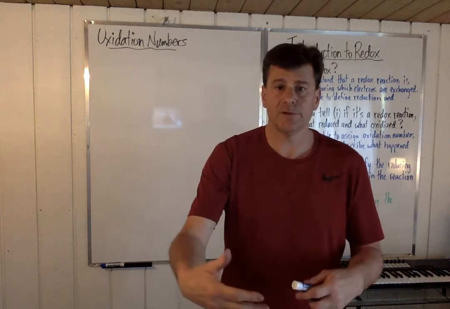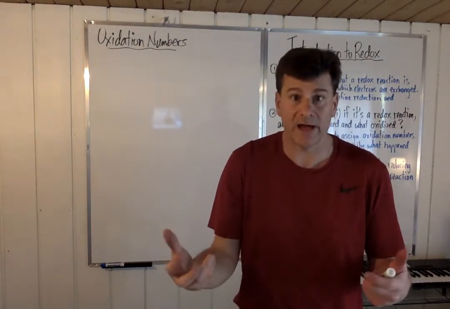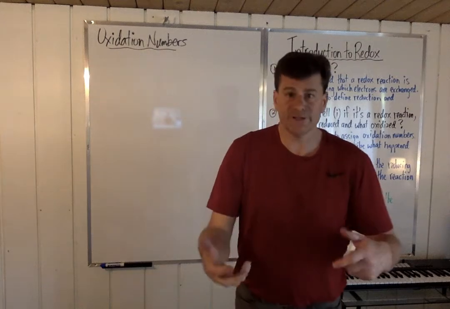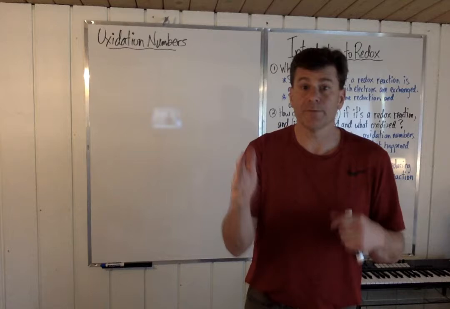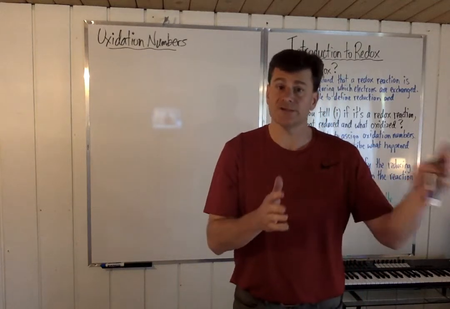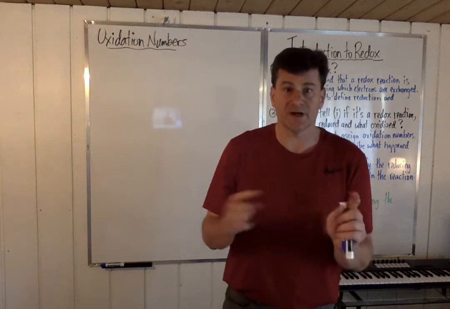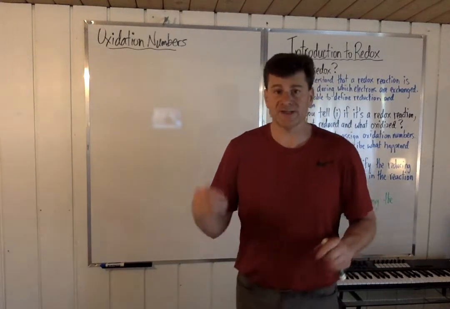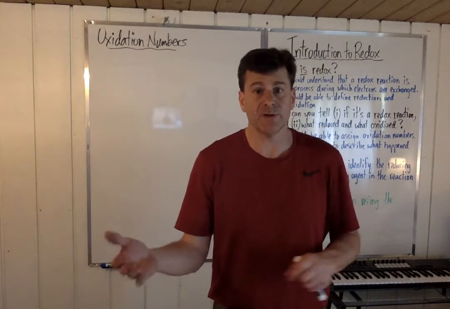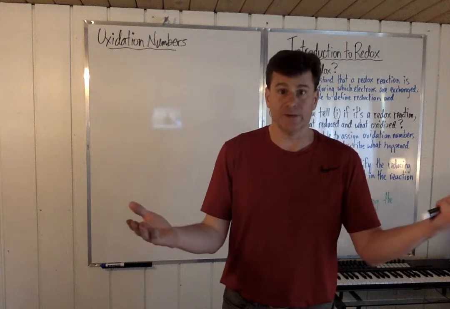One, you're going to be able to look at a compound or individual atoms, and you're going to be able to say, okay, this was its oxidation number before the reaction occurred. Here's its oxidation number after the reaction occurred. This is what happened to its oxidation number. This is what it did. And so if it started before the reaction at -3, and it was still -3 after the reaction, that atom didn't do anything.